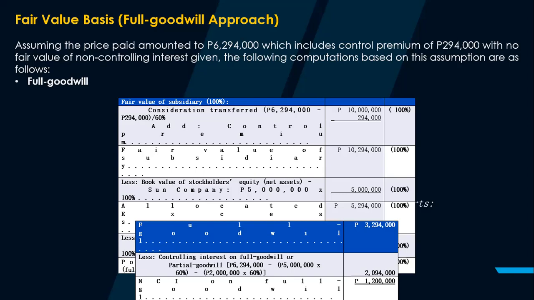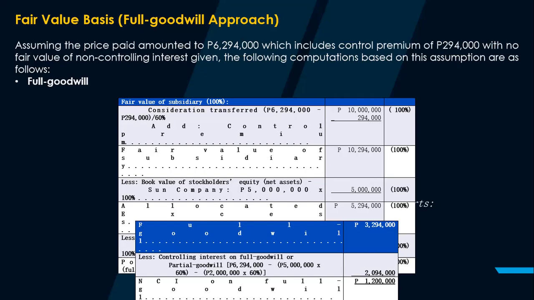Then we have 294,000. The fair value of the consideration is now 10,294,000, and then we deduct the book value of the stockholders' equity of 5 million. So we have now the allocated excess in the amount of 5,294,000.